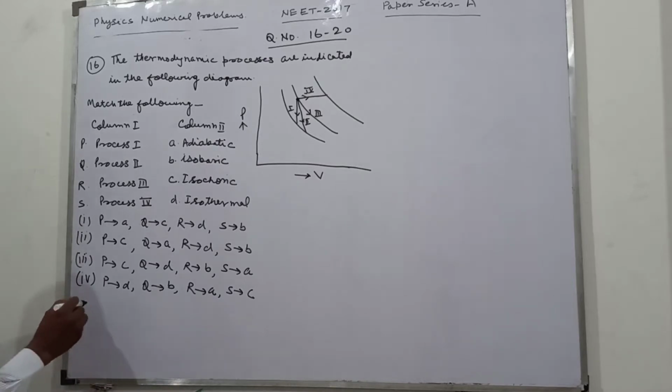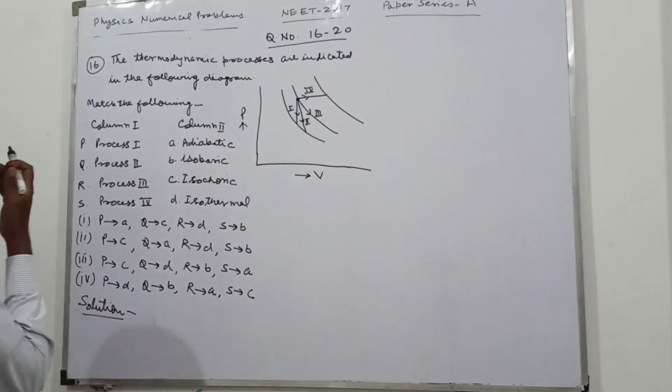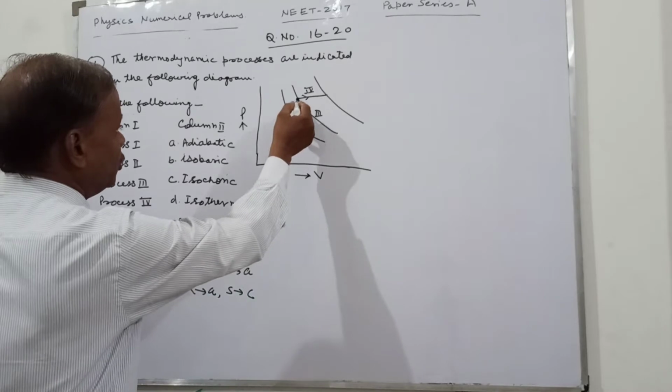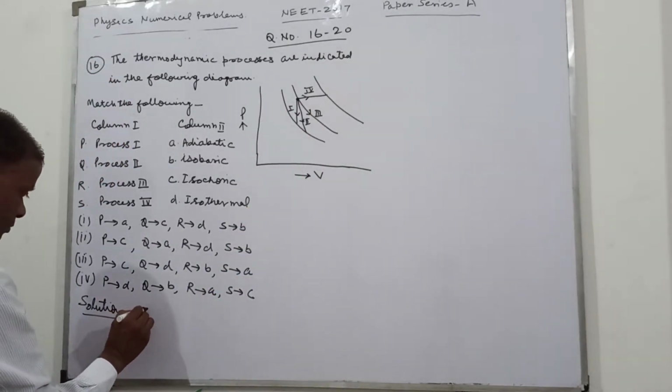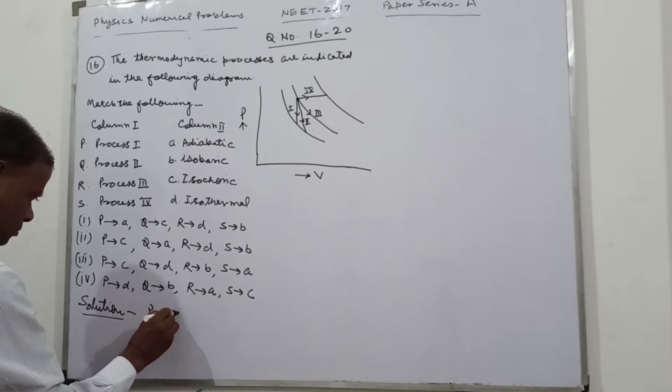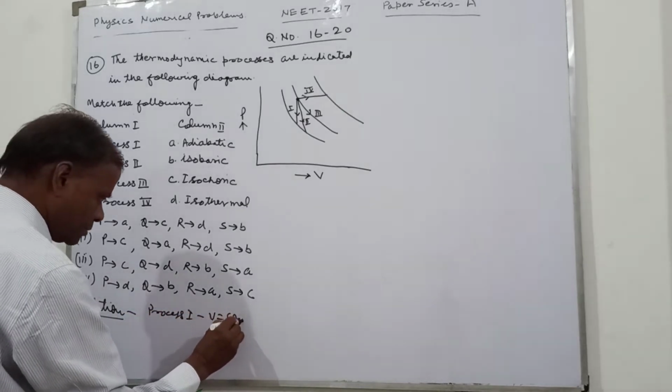So now the solution. Now in process 1, the volume is constant. Process 1, V equal to constant.